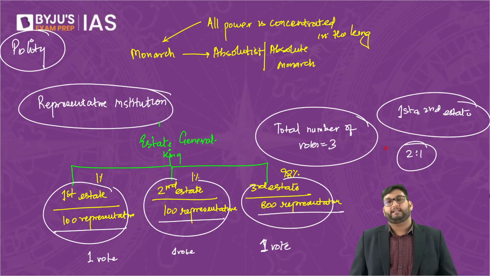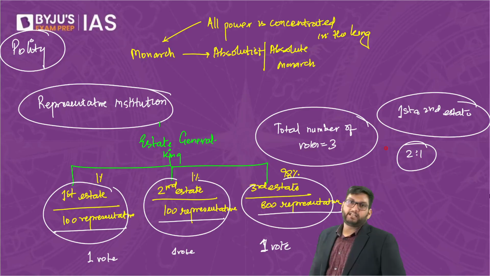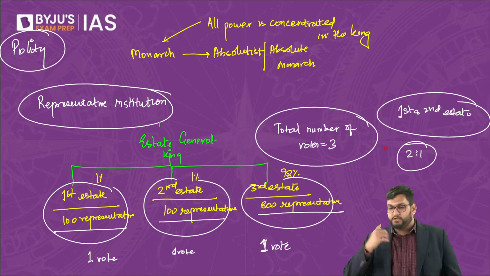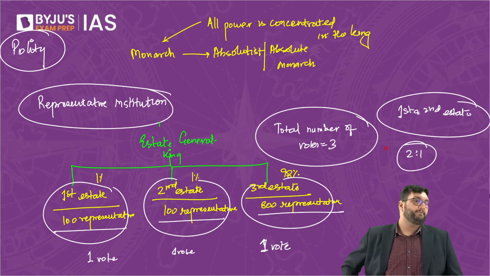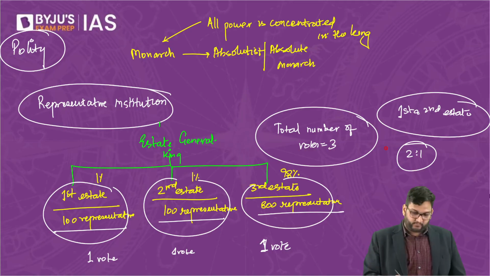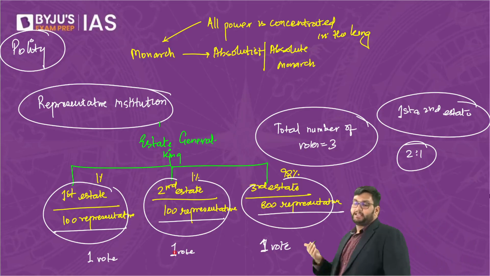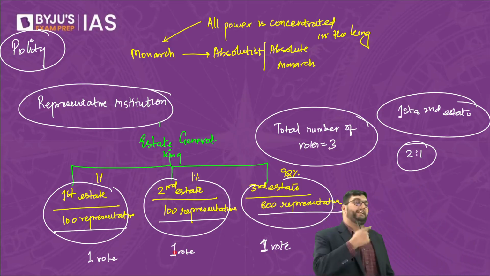So now 80 people have one vote and 20 people have one vote. You can take whatever decision you want within yourself, but you can either say yes or no, one vote. So it's a simple, straightforward concept. You undercut the majority by giving every estate one vote.